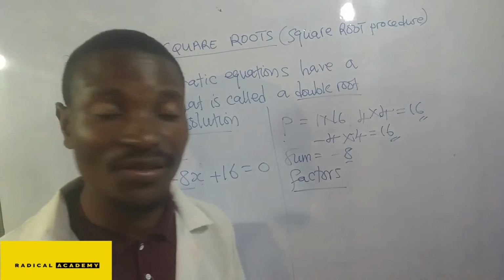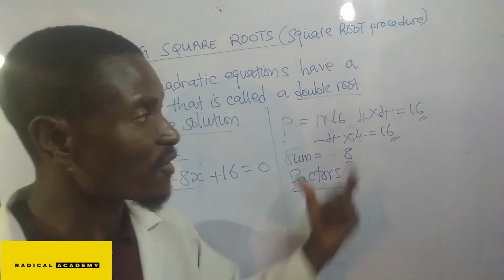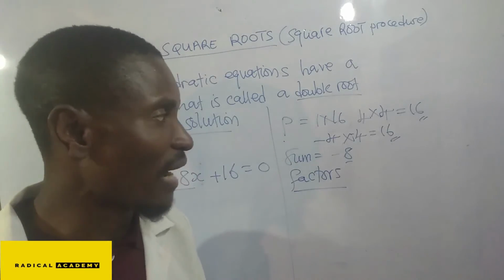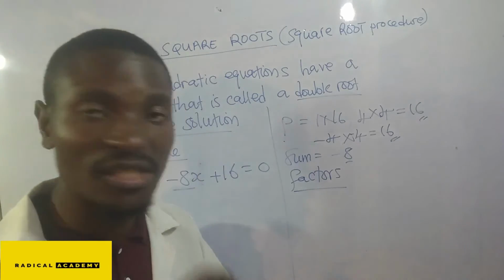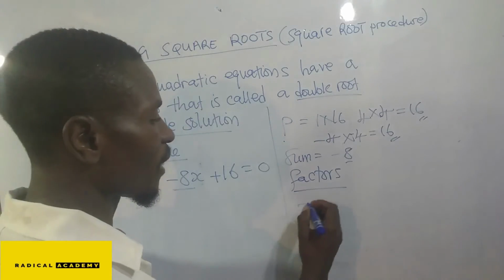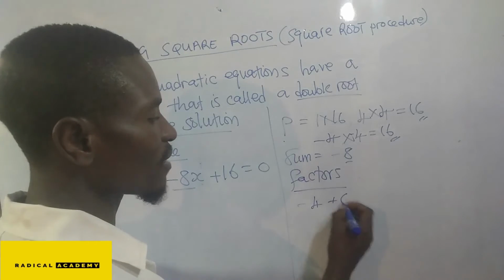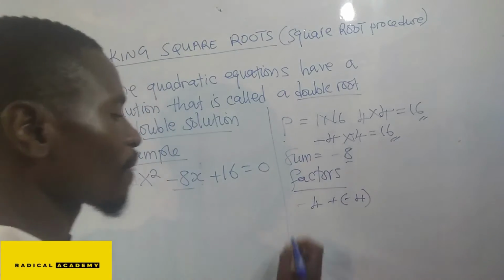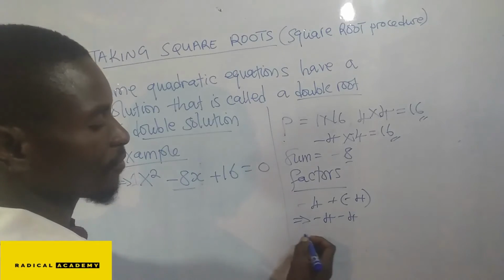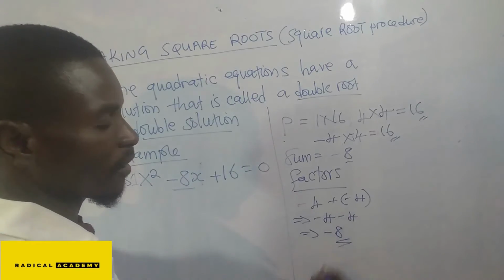Okay, so now ask yourself what two numbers from the list of the products can you add together in order to get -8, which is the sum? So we have -4 plus (-4), which gives us -4 minus 4, and we are getting -8.